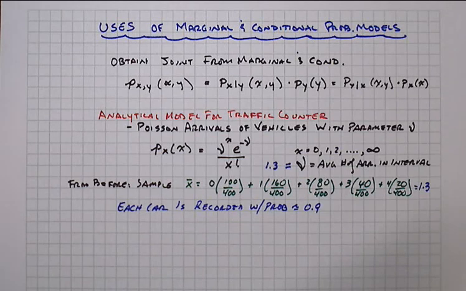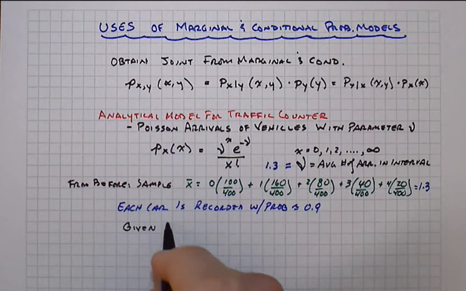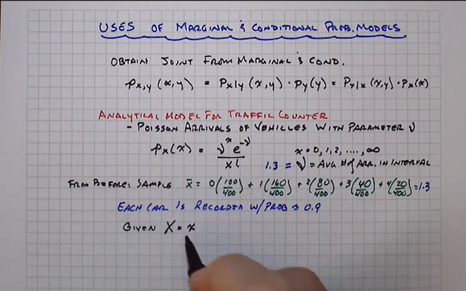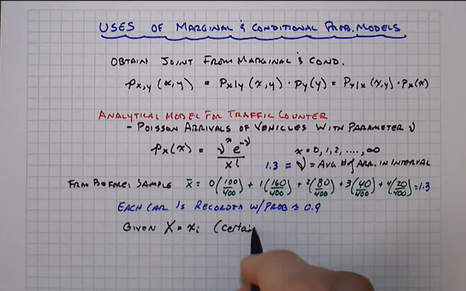Right? And so that should make us start thinking a little bit about some of these other models that we've developed in previous lessons, right? Given x is equal to some specific value, call it xi, right? So we have a certain number of cars that are arriving in a specific interval.